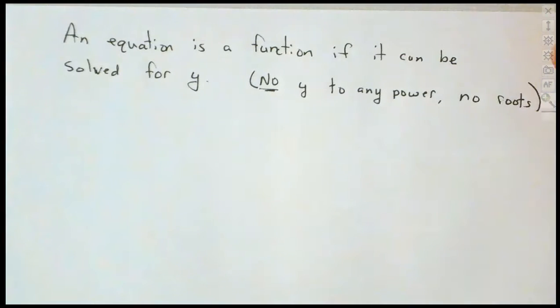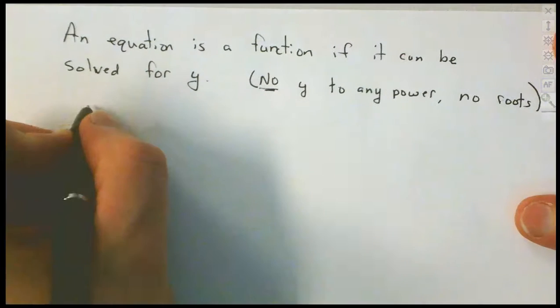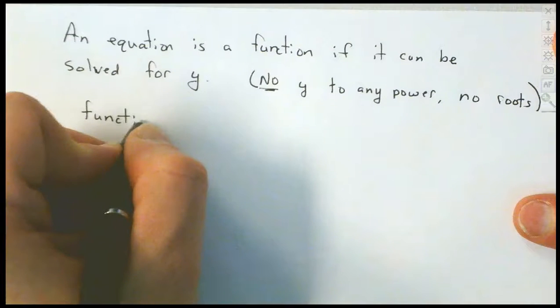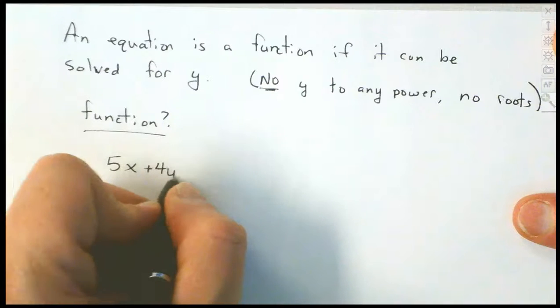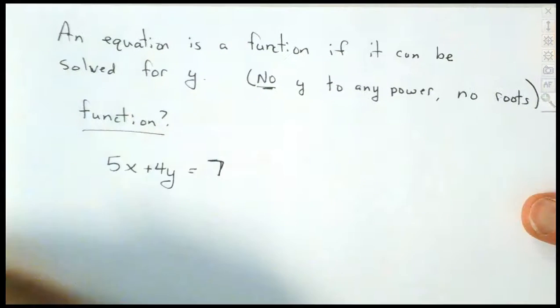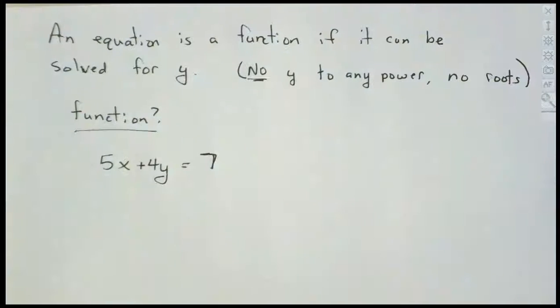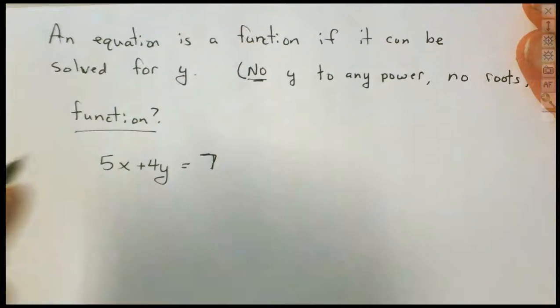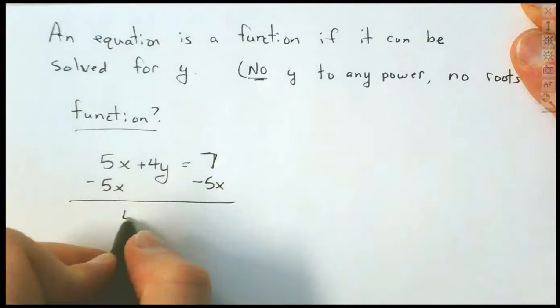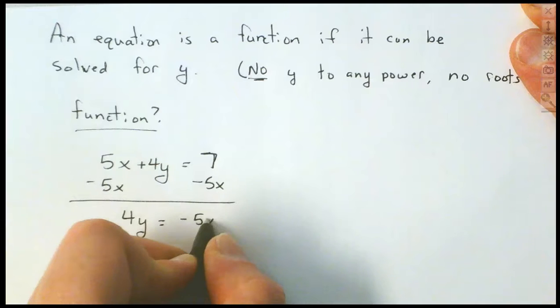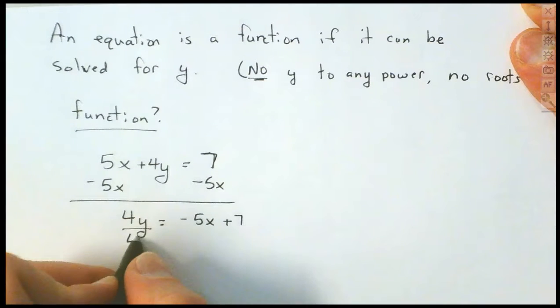So let's look at something and let's see if this is a function. Do we think this is a function? Yeah. Okay. Why is it a function? Can I solve this for y? Yep. How would you solve this for y? You can clearly solve it for y, because you can move that 5x over. Then you could divide by that 4, right?